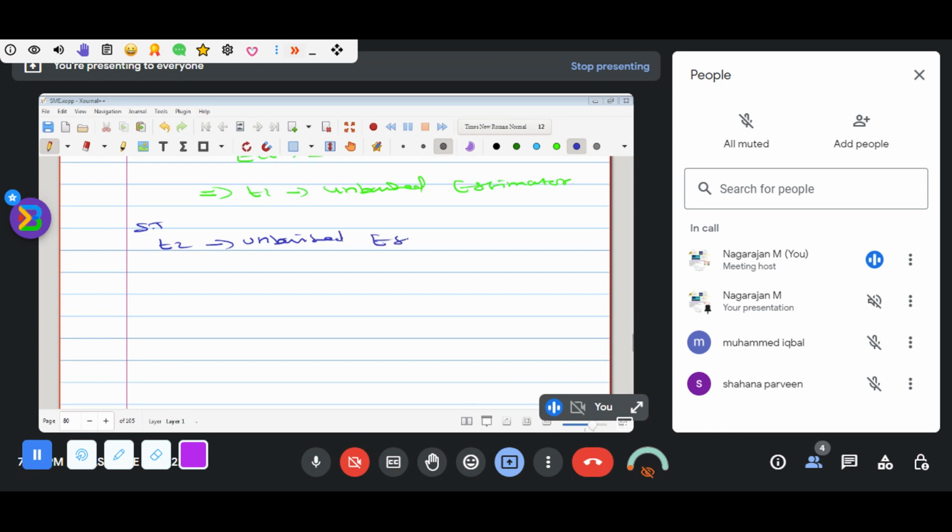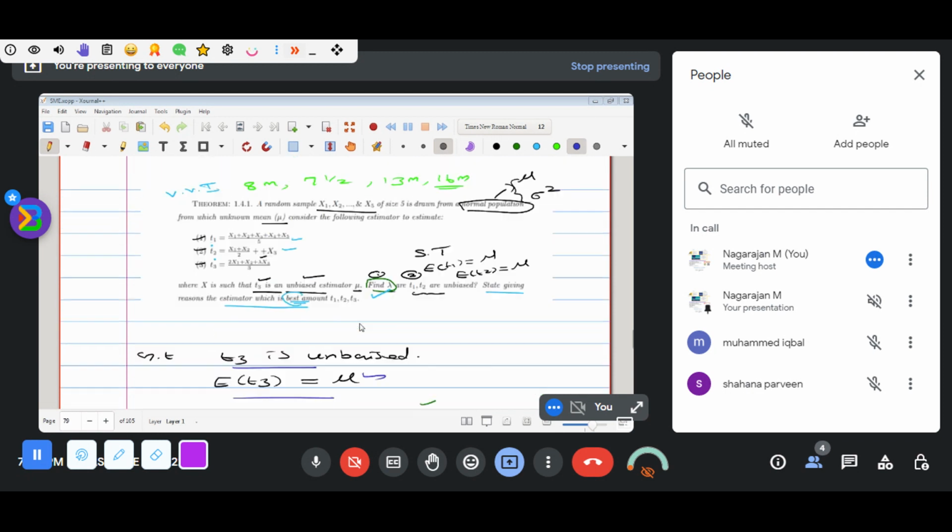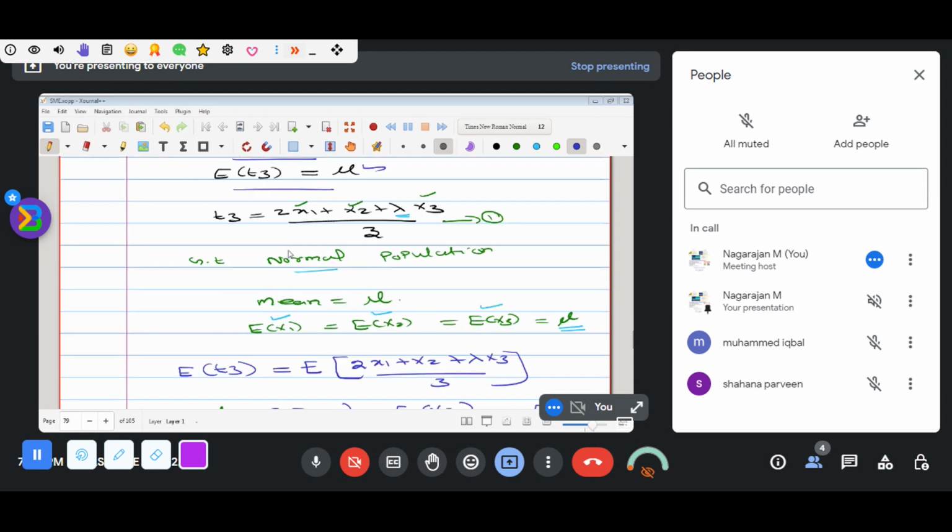How to show it? Again, the part for T2 is E of T2 equals mu. It is given that T2 is equal to x1 plus x2 divided by 2 plus x3.